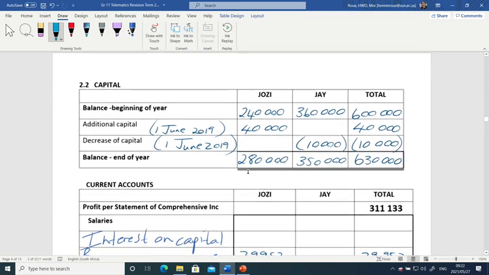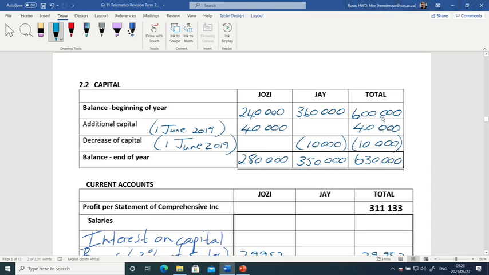The easy amounts, again, like your puzzle, put in the easy amounts first. They gave you the opening balances for Josie and Jay. So put it in, 243.60, which will give you the 600,000.